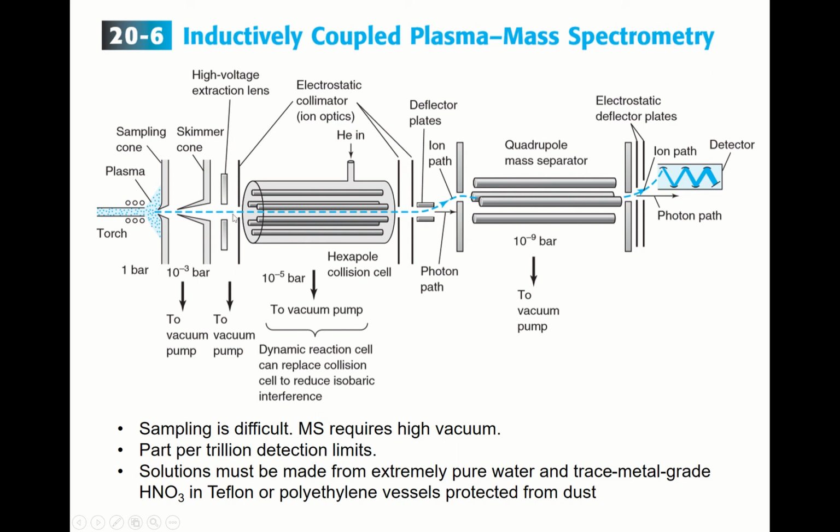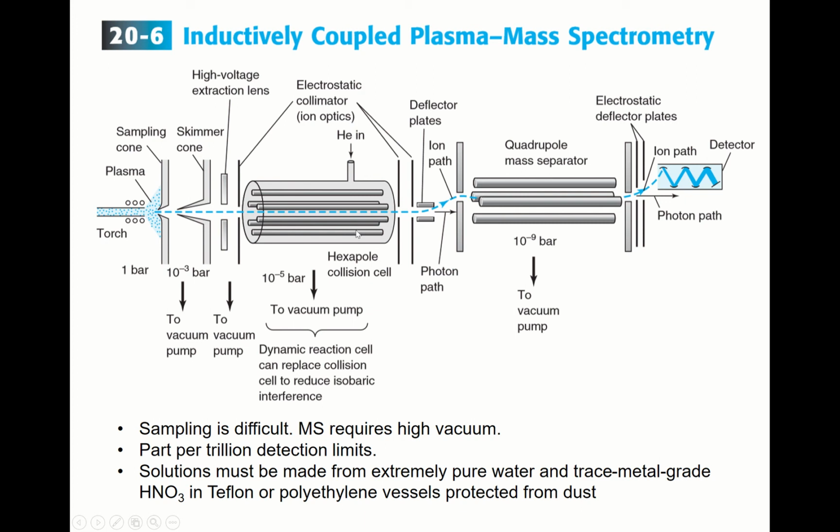Usually mass spectrometry needs a vacuum, and this one is a very high vacuum. So sampling is difficult because you need an extremely small amount of sample for the mass spectrometer. Here the skimmer cone removes almost all the sample, but allows a very small amount of sample to enter this part.